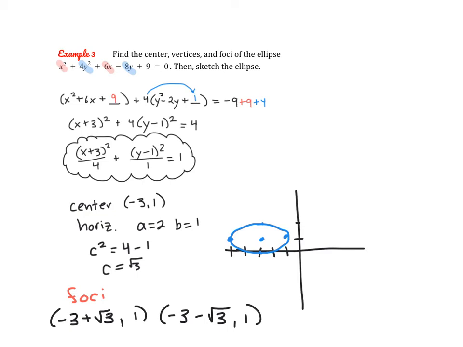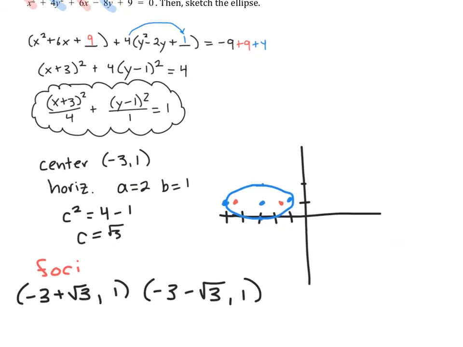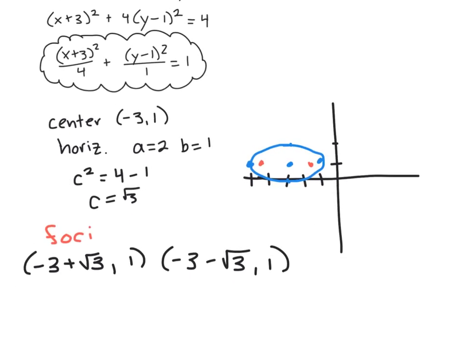And those values are going to be right around here and here. So now we have all of the information for a graph. Let's actually take a second and label the vertices as well. We can see that we have vertices at (-5, 1), (-1, 1), (-3, 2), and (-3, 0).